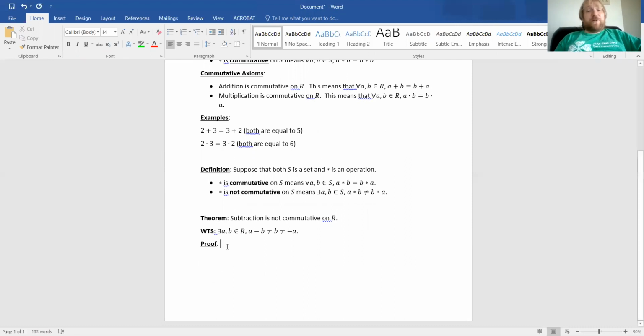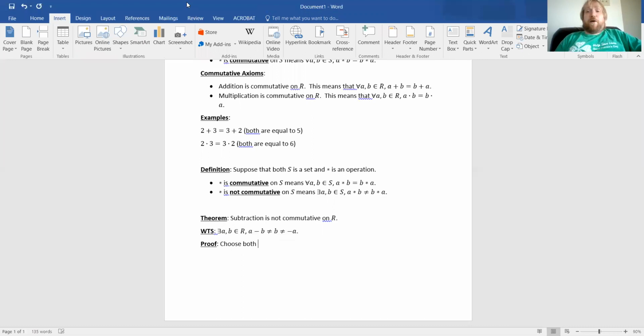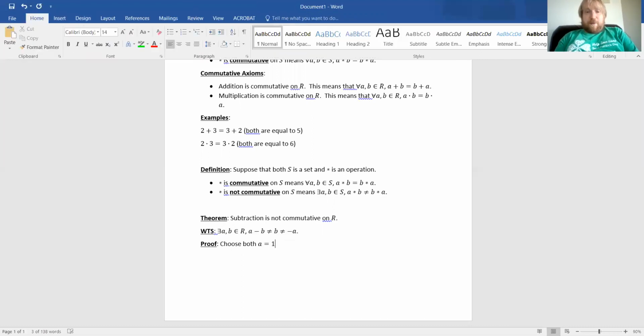I'm being asked to find two integers, or two real numbers, A and B, such that A minus B does not equal B minus A. So because I'm only asked to prove that this is sometimes not true, that there exists one pair of integers for which this is not true, I can choose the pair to be anything that works. So I am going to choose A to be 1 and B to be 2.